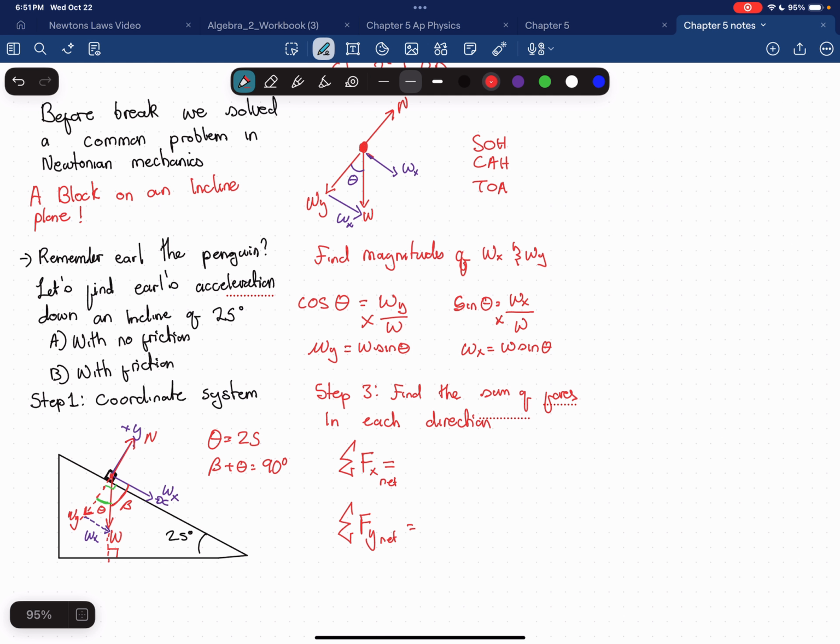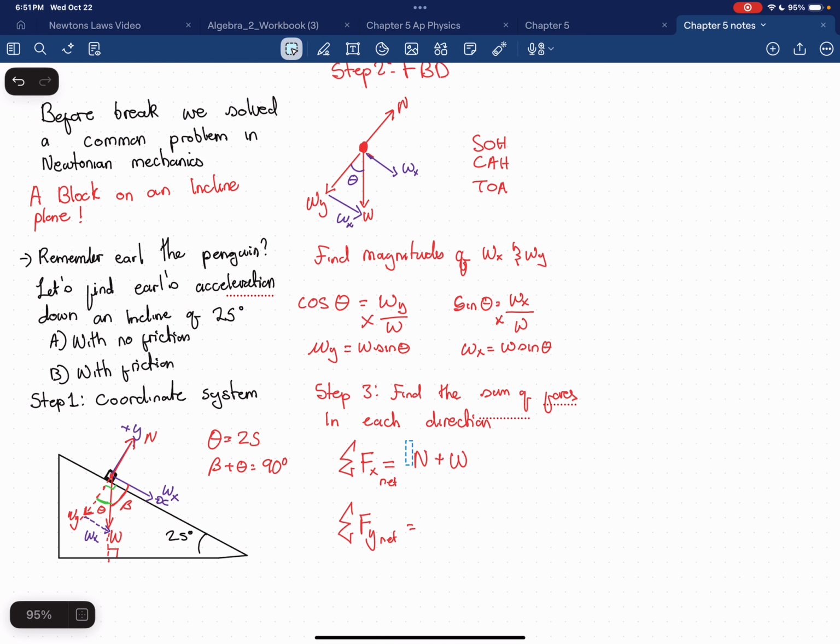All right. So what forces do we have in the y direction? We have the normal force, and we have the weight force. All right, and then this is the x direction. This is the y. I meant to put it for the y direction. I'm going to just slide that down.